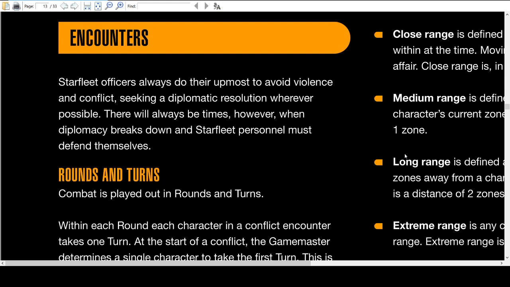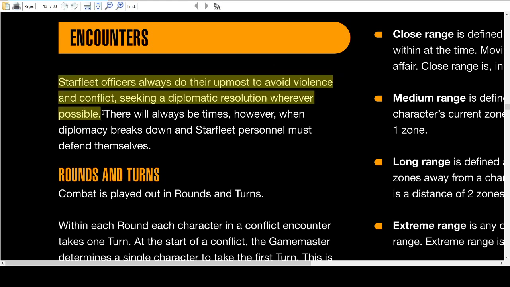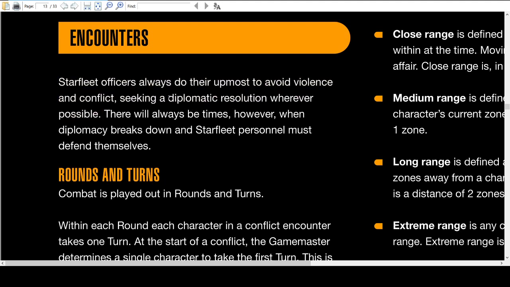I'm glad when I was reading this first line that the first priority for a Starfleet officer is to avoid violence and conflict, and diplomatic resolution should be the first method in any possible situation. But there will always be times when diplomacy breaks down and you have really no choice but to fight.